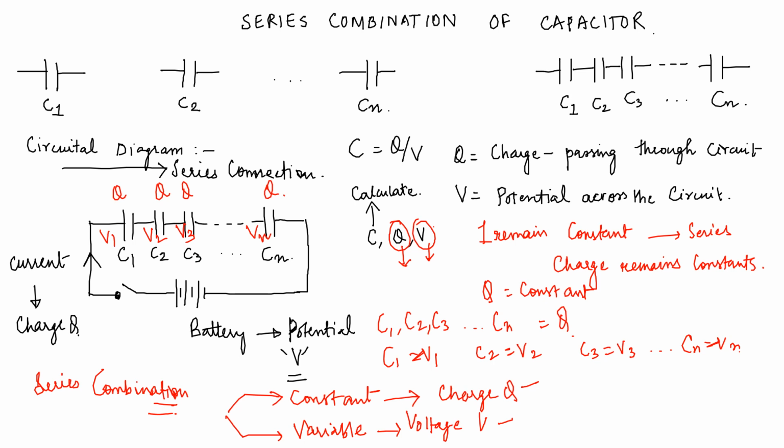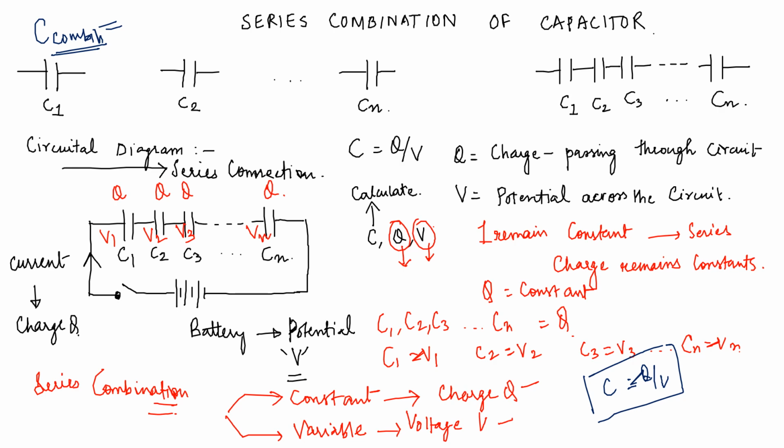The other thing we will use is the formula C equals Q upon V. These are the two things we will use to derive a formula which gives the effective capacitance for the given combination of capacitors in series.